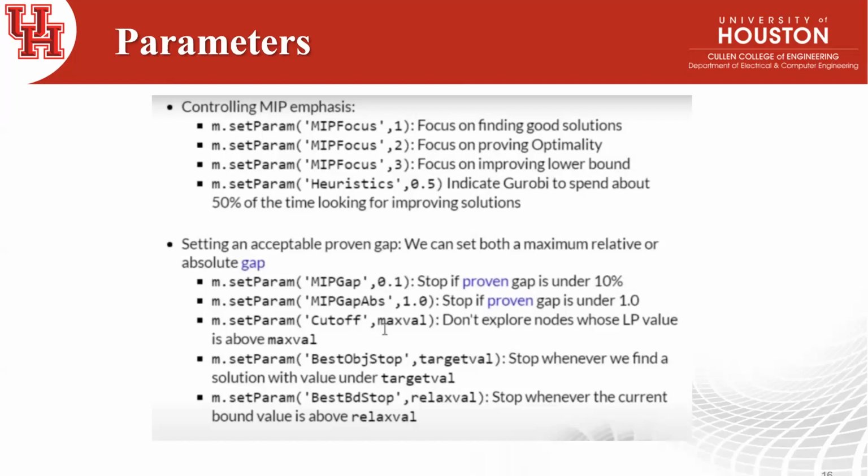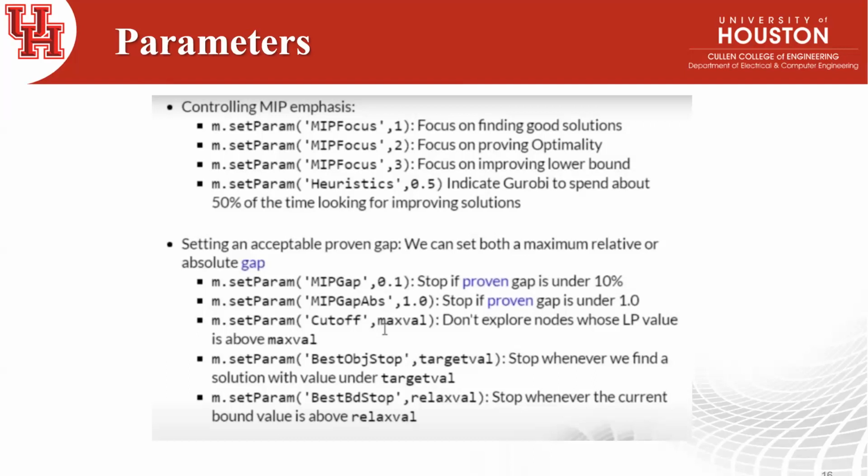We can also set some parameters to limit the performance of Gurobi. For example, we can set the MIP gap so that when the gap is under 10%, we stop the solver.